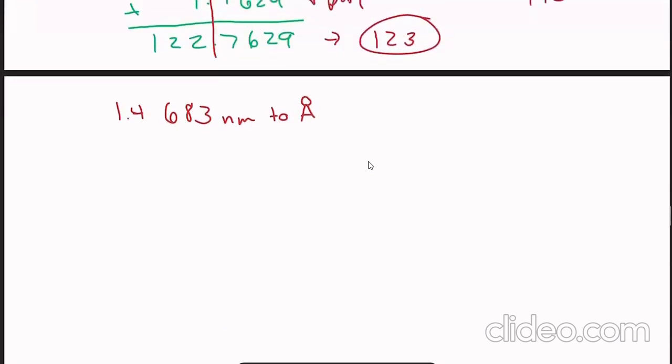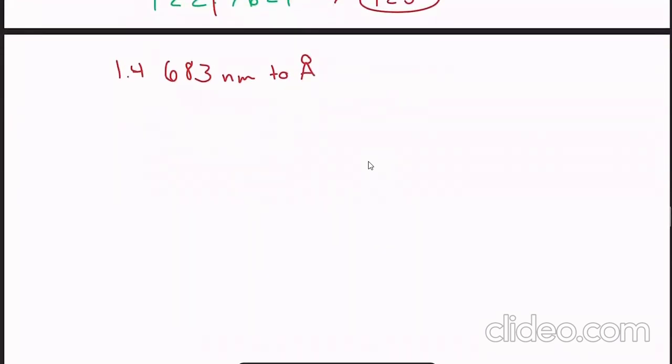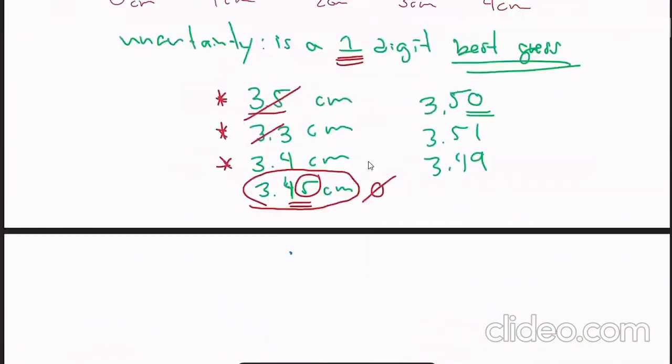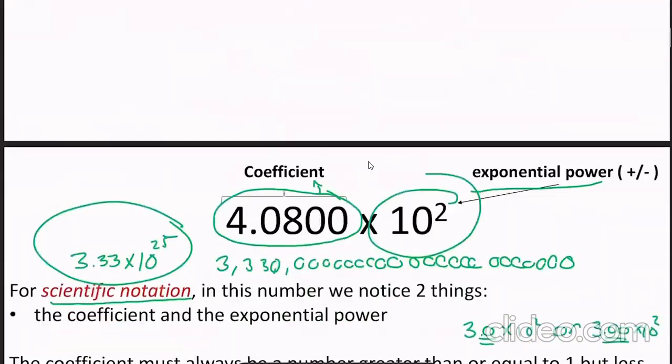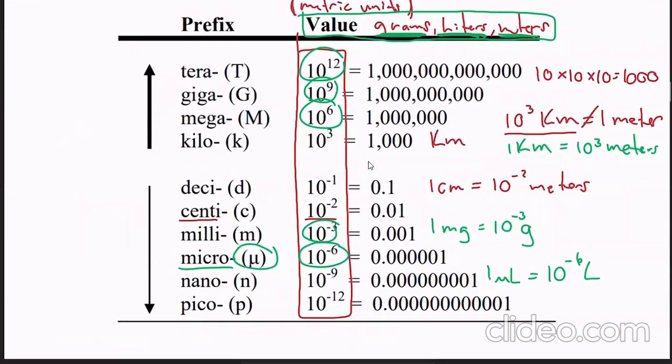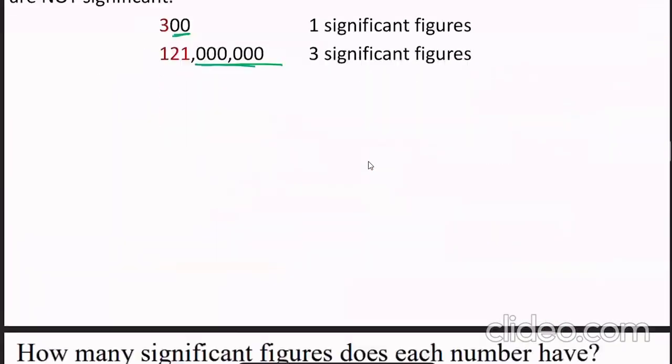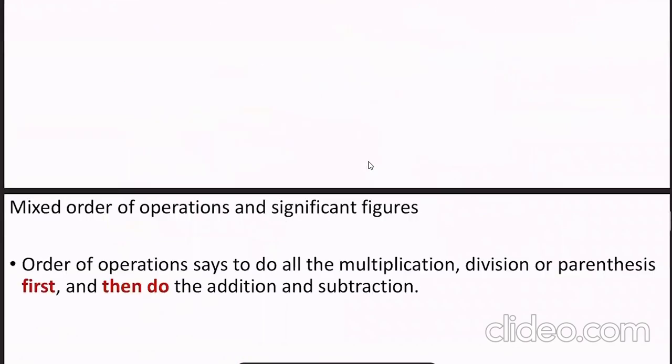So nanometers, if you memorize, let me go back to a slide here. So if we use this table here, and we know nano is 10 to the minus 9, we can say that 1 nanometer is equal to 10 to the minus 9 meters. Well, write this down because we're going to use that. And we also need a second conversion factor.